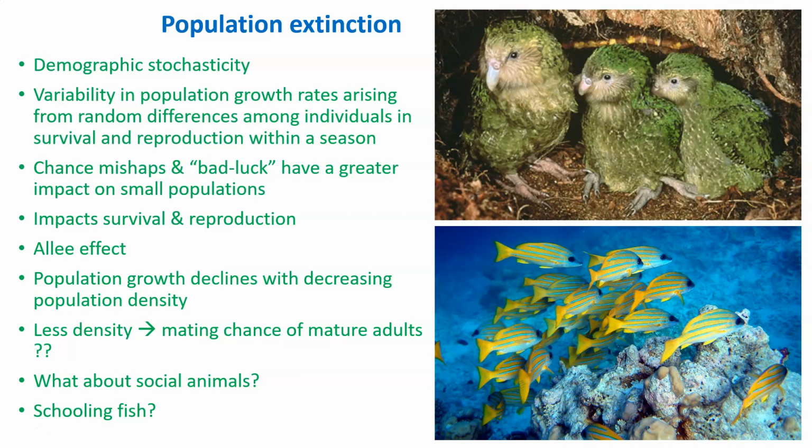So for them too, the group cohesion depends on having large numbers. If they cannot school in large numbers, that also decreases their survival. So my point is, species that are dependent on large social or group aggregations will disproportionately suffer if they're subjected to population decline, ultimately reaching smaller populations.